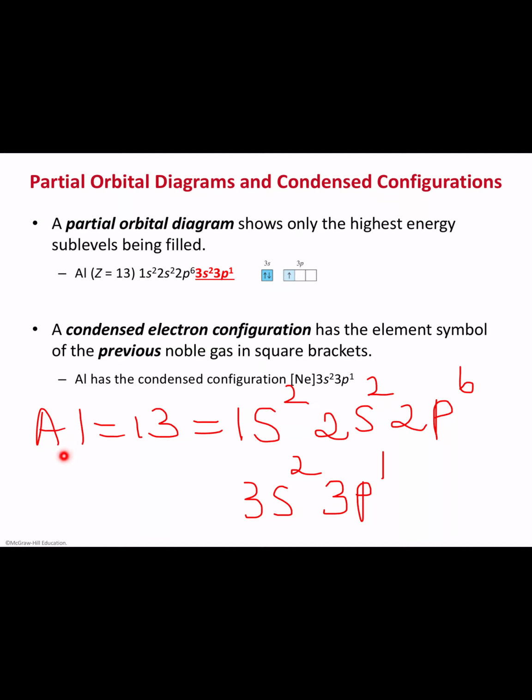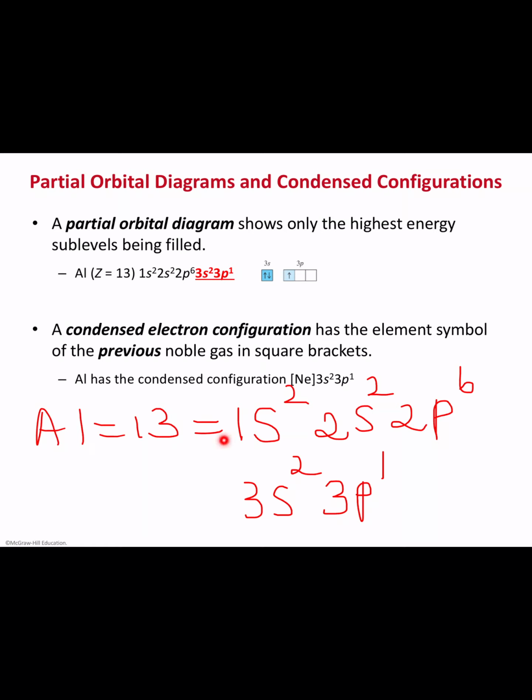So 10 electrons means 2 plus 2 plus 6, 10. If you just write neon's electron configuration, that would be this much. So in the condensed electron configuration, you can represent this as neon in square brackets, and then you write the outermost electron configuration, 3s2 3p1.